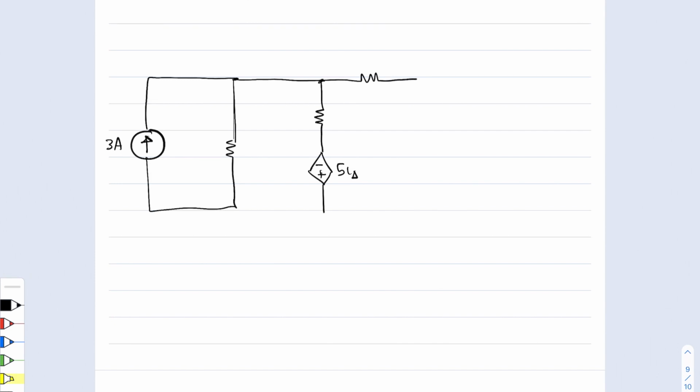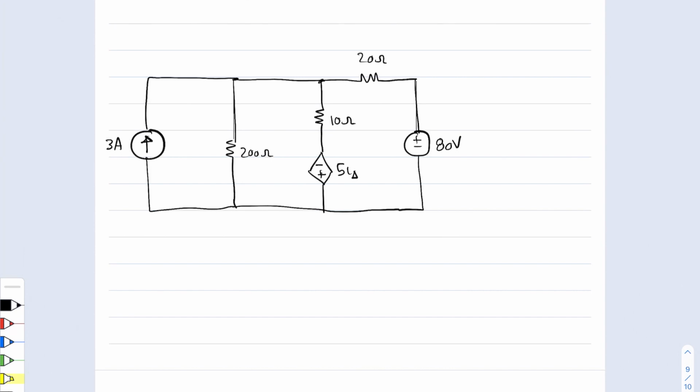And I'll show you where I delta is here in a second. We then have another resistor, and an independent voltage source providing us with 80 volts like this. And then the circuit is complete. This is a 200 ohm resistor. This is a 10 ohm resistor.